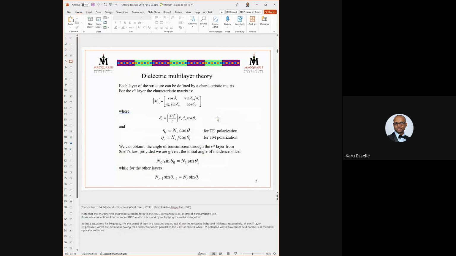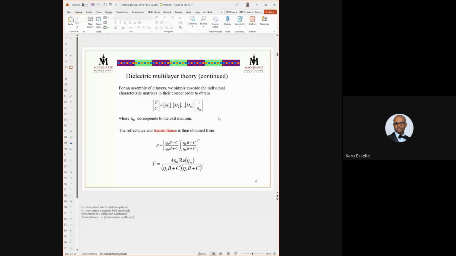Now, I will not go through the theories. I will give you the handouts of these slides, the PDF, so you can read the theories and understand, because we are running out of time. Dielectric multilayer theory: from this theory, you can work out the transmission through the surface, the reflectance of this surface.